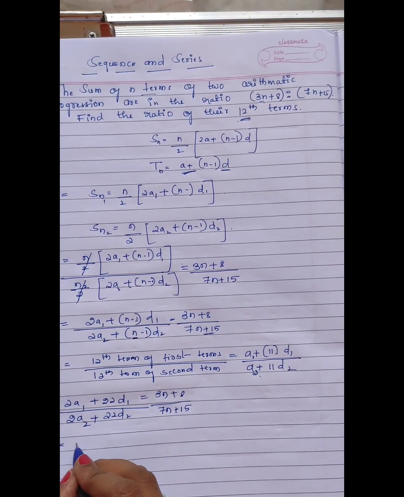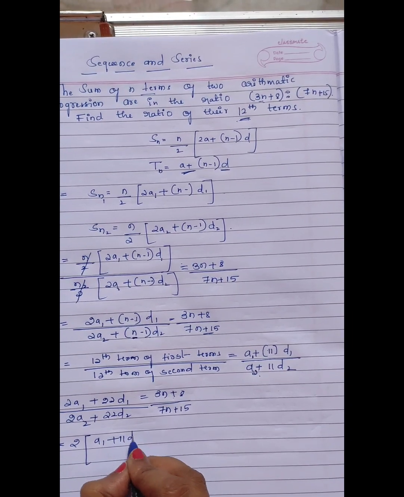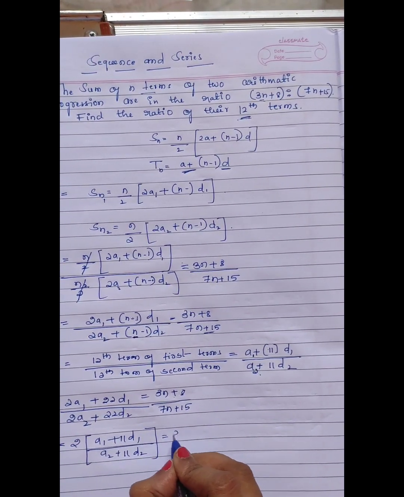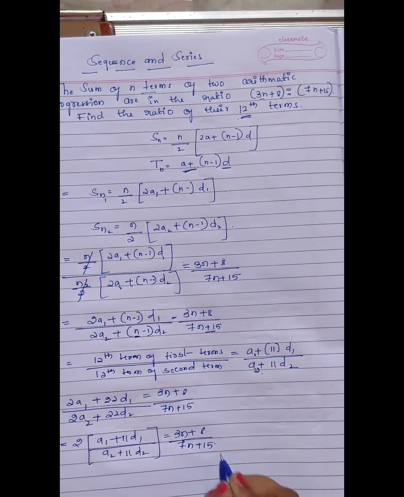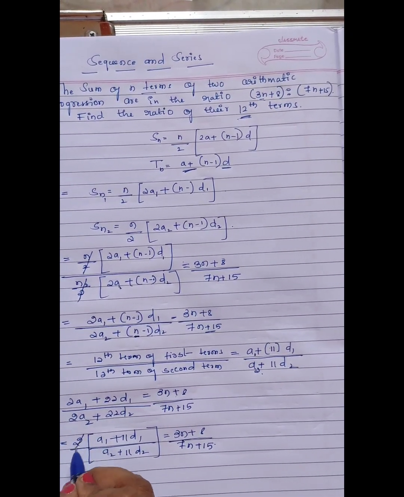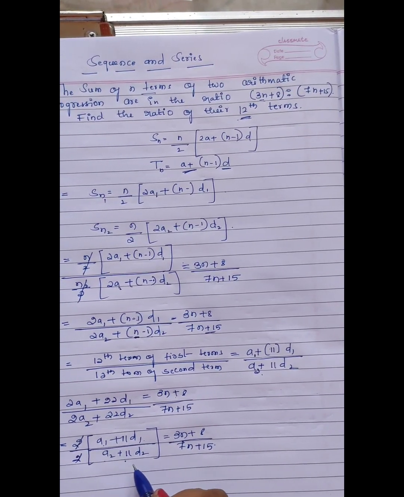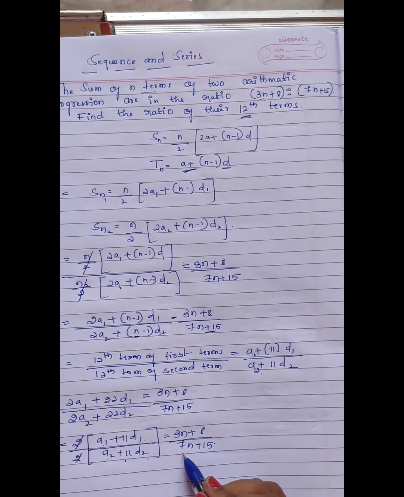So 2 is common in both, and cancels: (a1 plus 11 d1) divided by (a2 plus 11 d2) equals (3n plus 8) divided by (7n plus 15).